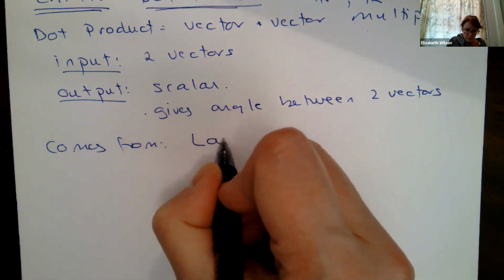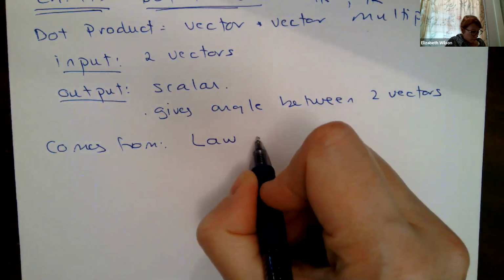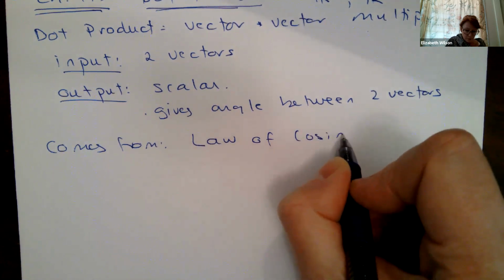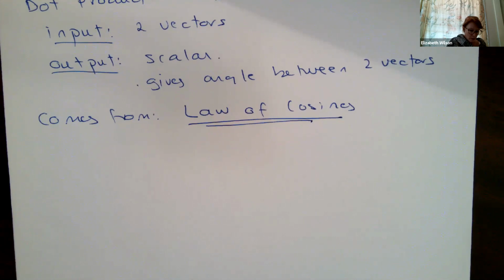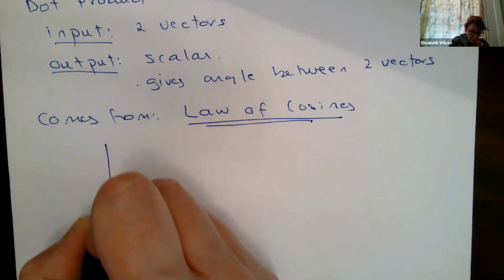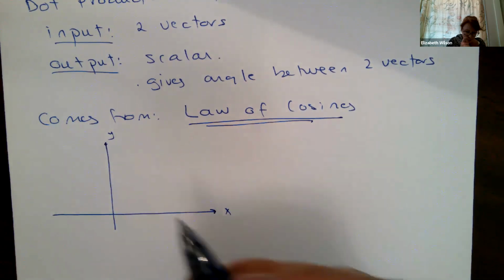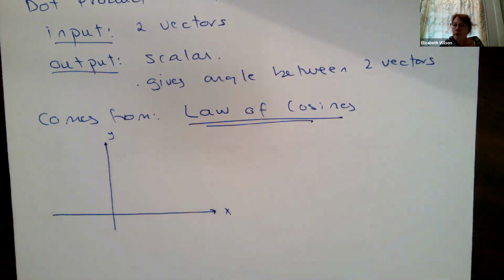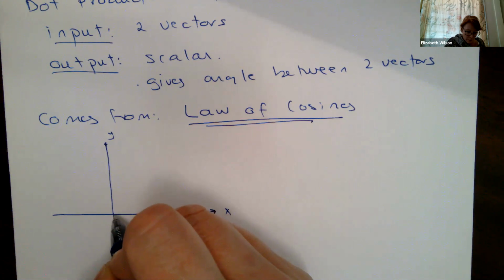You remember maybe in your pre-calculus class in high school, you covered the law of cosines. And the law of cosines is the basis for our dot product. So let's say I've got my coordinate axis here, and some displacement vectors.